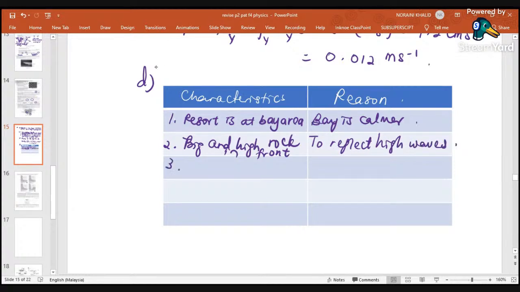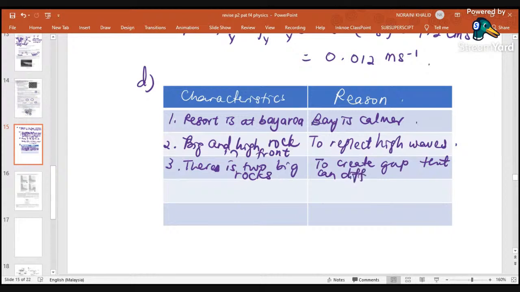And then next, there are 2 big rocks to create a gap that can diffract the wave.